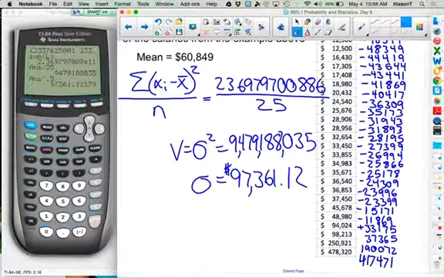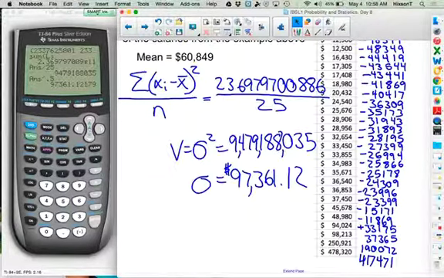Now, you can have a large standard deviation and have the mean represent the data decently well, but that just means your data is really spread out. And that's what this is telling us here. Our data is really spread out. Okay?